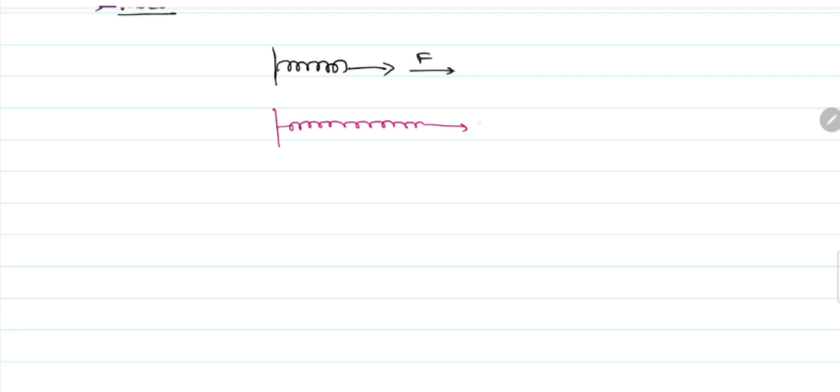And then if I remove that force, what happens here? The spring regains, it moves towards its original position. Why does it happen like this?